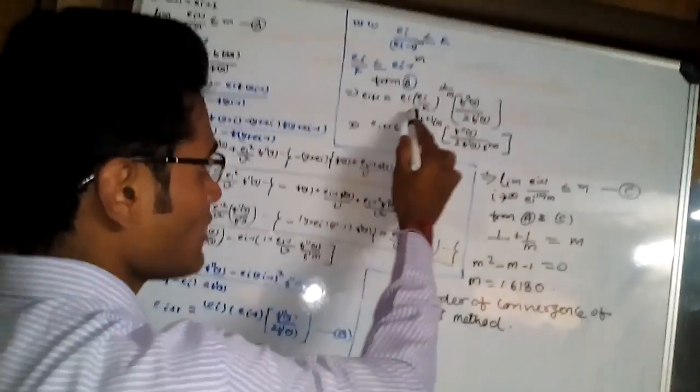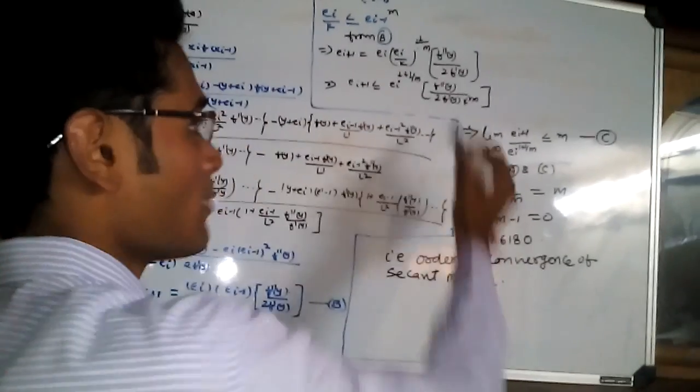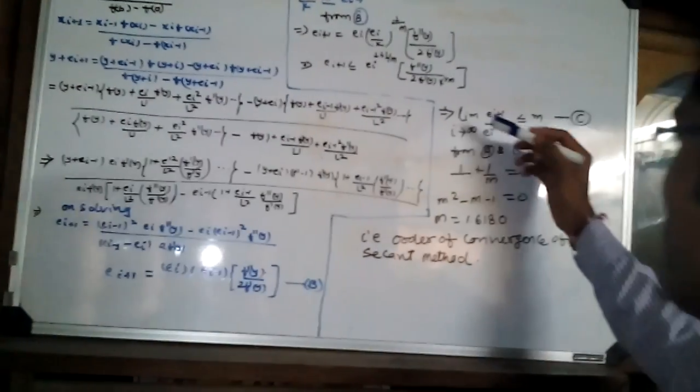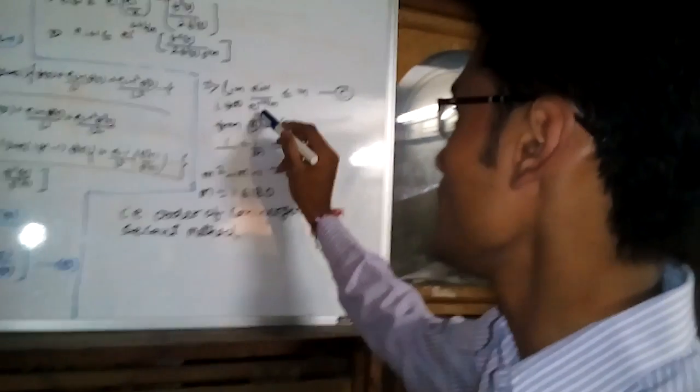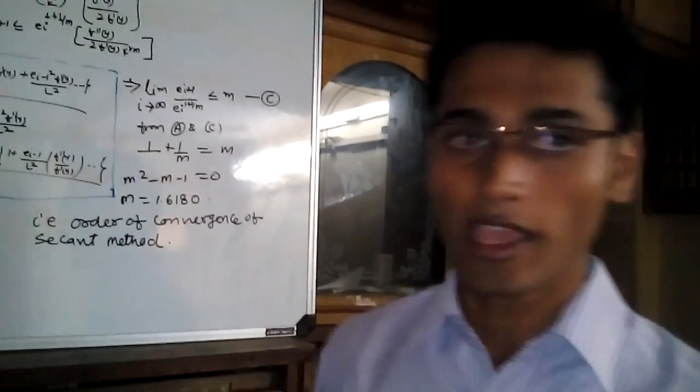So ei plus 1 is less than or equal to ei to the power 1 plus 1 upon m, multiplied by the whole term, this is k. On putting in the limit, finally we got the limit as i tends to infinity of ei plus 1 upon ei to the power 1 plus 1 upon m is less than or equal to m.